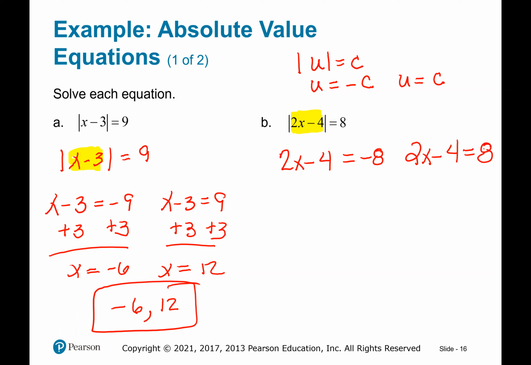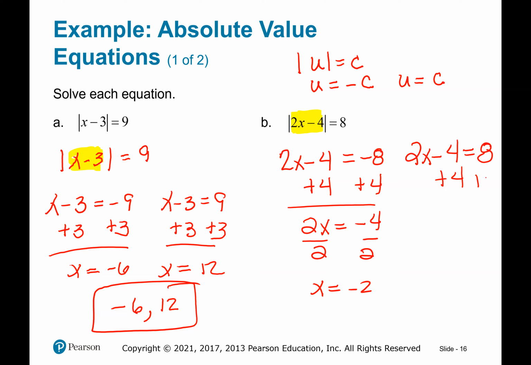You take what you're taking the absolute value of, get rid of the absolute value symbols, set that equal to the negative and set that equal to the positive, and then solve the resulting equations. So what are my two solutions? -2. I think that works. How about the other one? Is that 6?